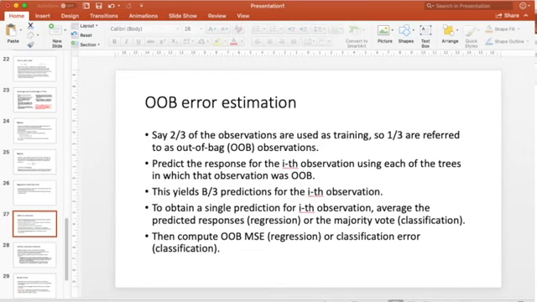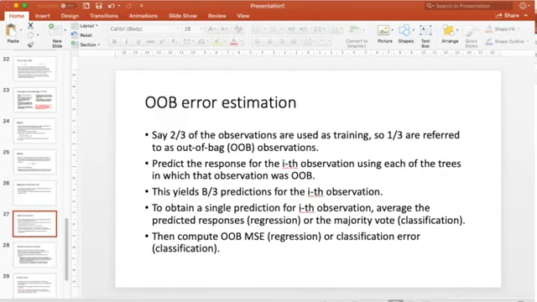So if this observation is not involved in any of the training datasets used to build a tree, then we predict the response for this particular observation. This will yield about B over 3 predictions for the ith observation.